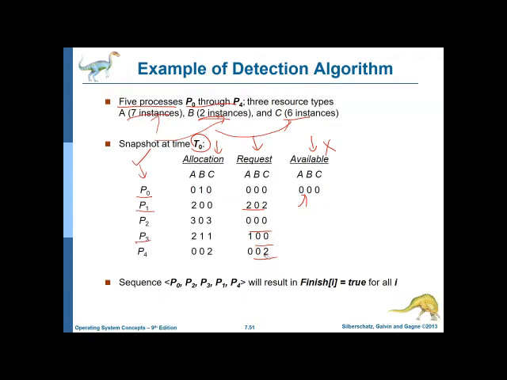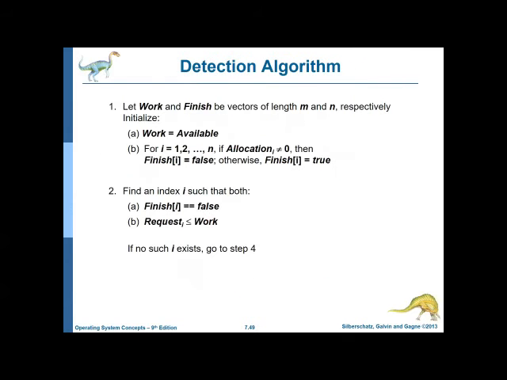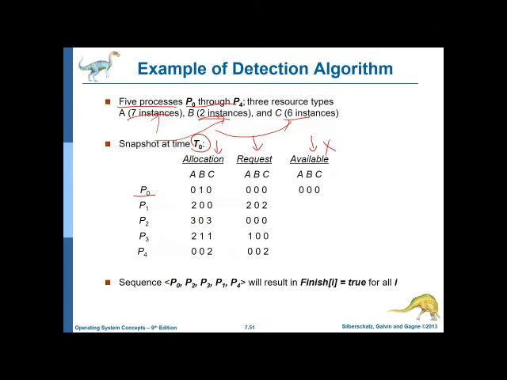Got it? So we'll look at the first process now. Start in order. What is the first process? P0. Now, our algorithm, we'll just write down here. The first step is you have to find, initially we initialize work is equal to available, and then we initialize all of the allocation which are not 0 as false. Look at the allocations.